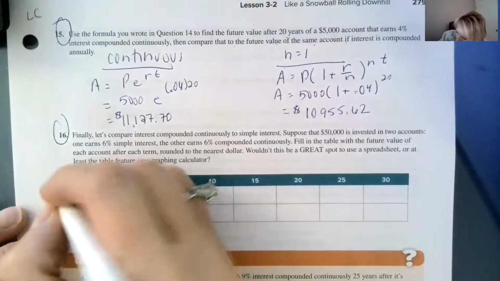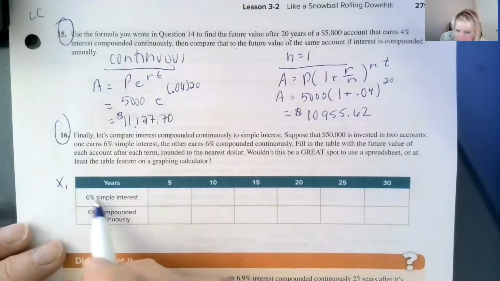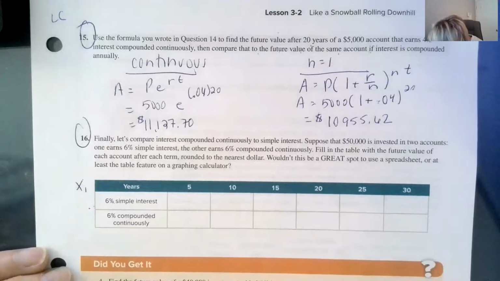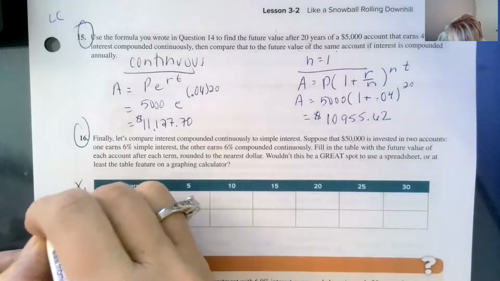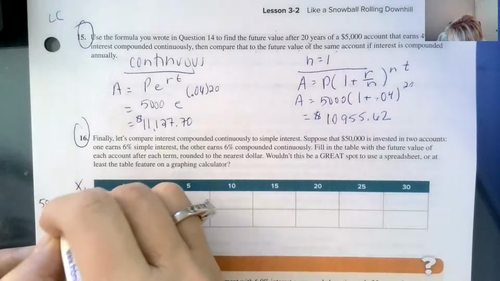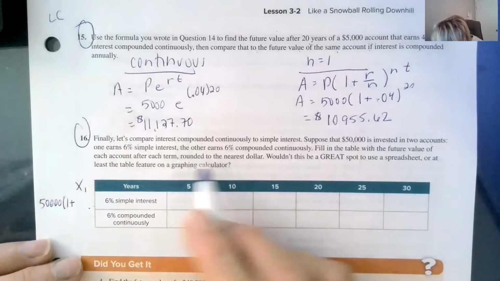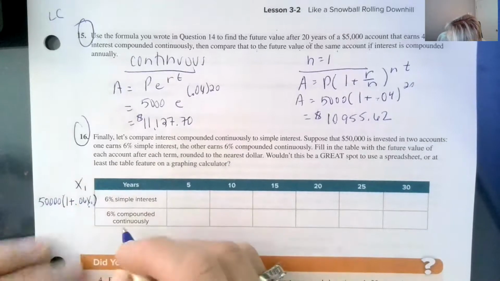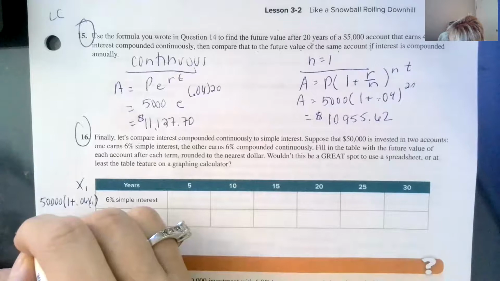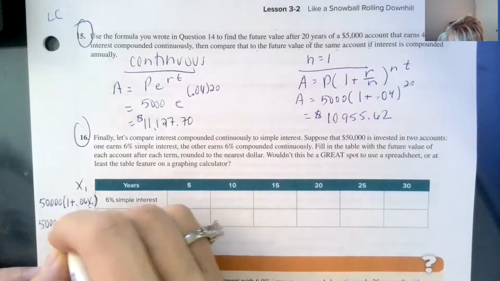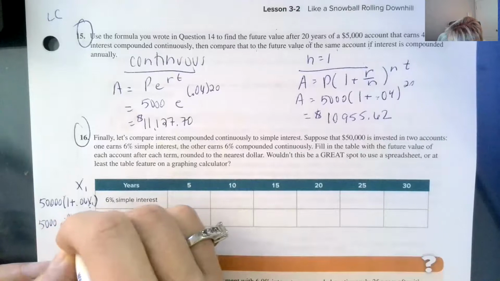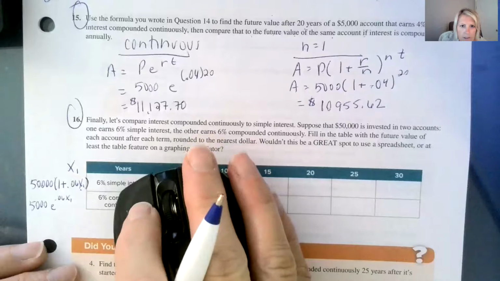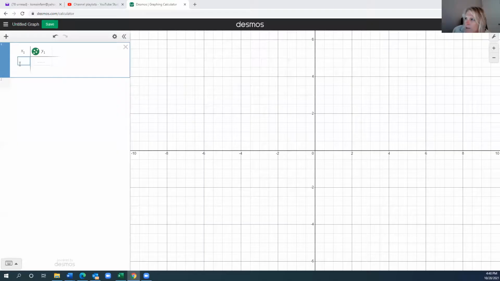So I'm going to put my years into X1, and then I'm going to put my calculation for simple interest here, and that is going to be the $50,000 times 1 plus 0.06 times X1 years. And then our compounded continuously is going to be $50,000 E to the 0.06 times X1 in the exponent. So let's go ahead and just share this in Desmos.